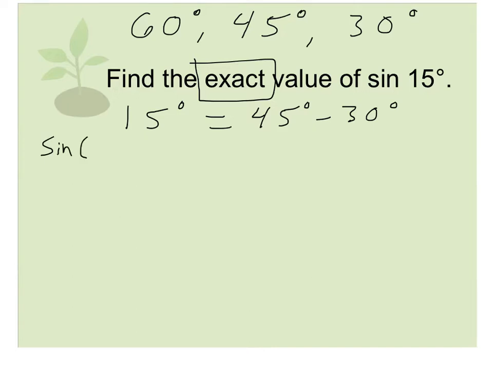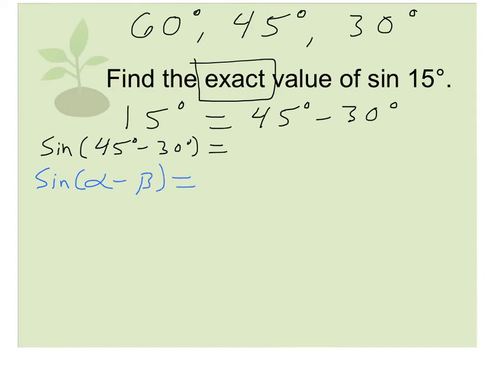So I could take the sine of 15 and rewrite it as the sine of 45 minus 30. Now the formula that we're referring to uses alpha and beta, and I'll give you our first look at one of those. I'm saying 45 degrees is alpha, 30 is beta.